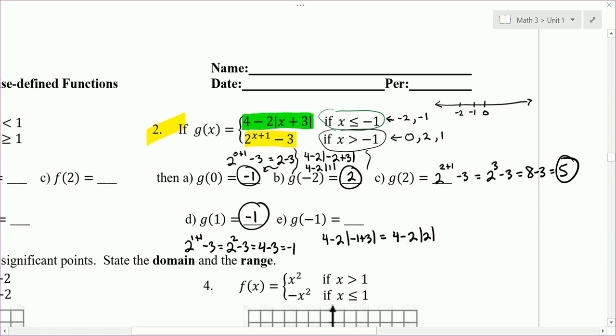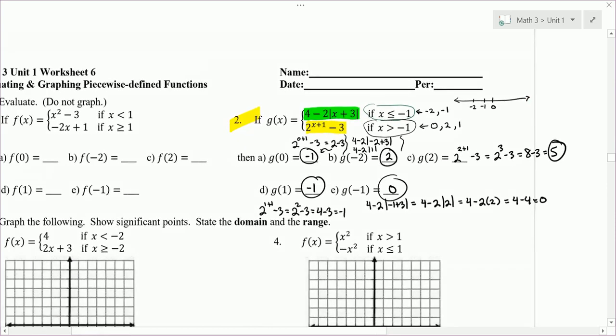Don't do 4 minus 2, you've got to follow order of operations, multiplication before subtraction. So this is 4 minus 2 times 2, which is 4 minus 4, which is 0. And now everything in number 2 is taken care of.